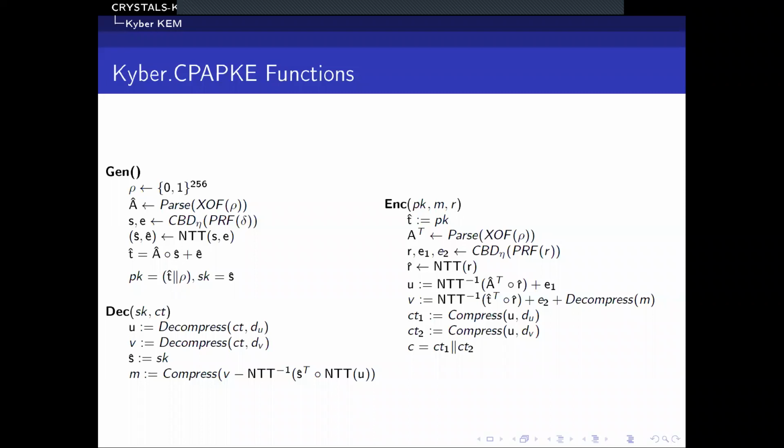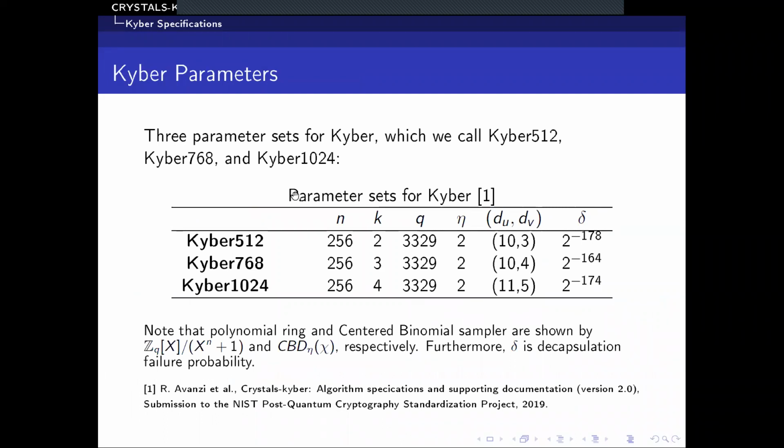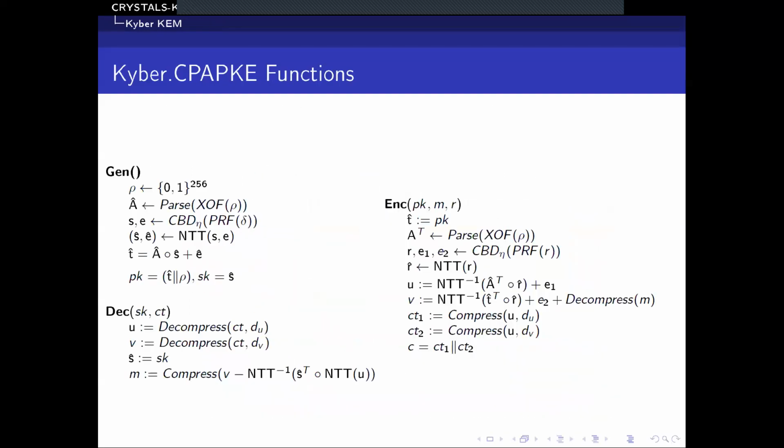Another thing here is the rejection approach. When we sample matrix A, we need to reject some samples which are bigger than 12 bits, I mean bigger than Q. In the reference implementation, the CPU implementation, they combine the Montgomery reduction with the rejection sampling to provide a more efficient algorithm.